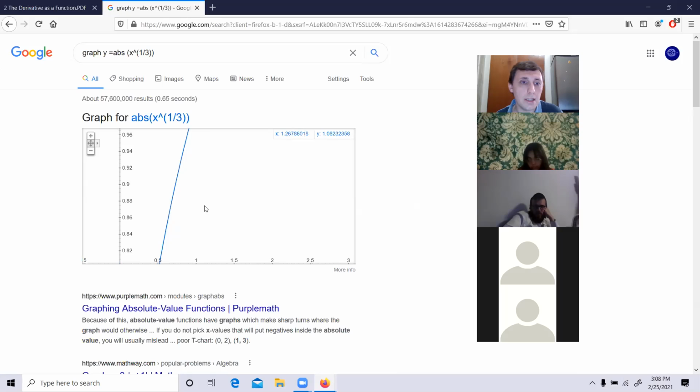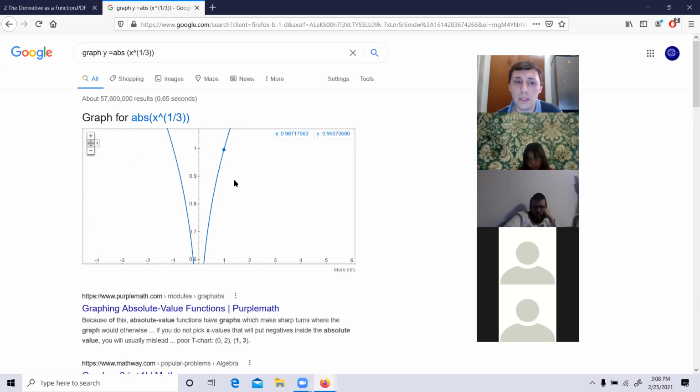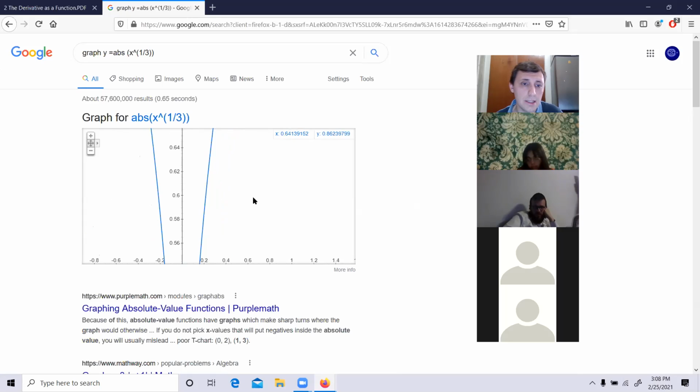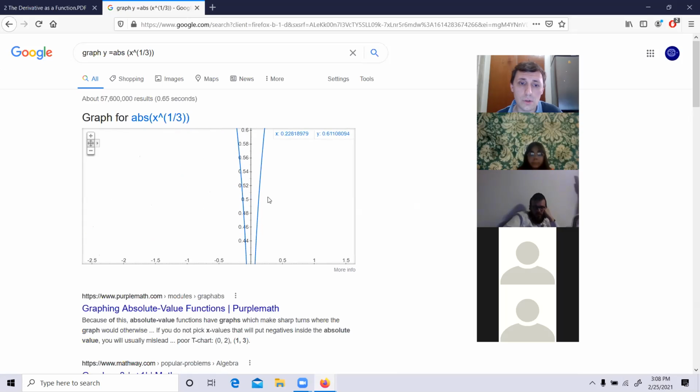You see that the line is steeper, right? Now let's zoom in at this point. Do you see what happens, guys? The line is even more steep. Yes? And as you zoom in here, you see that the line gets vertical.